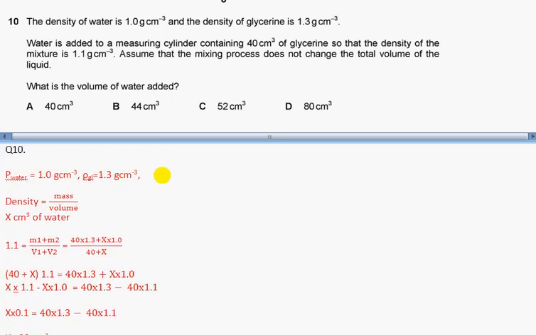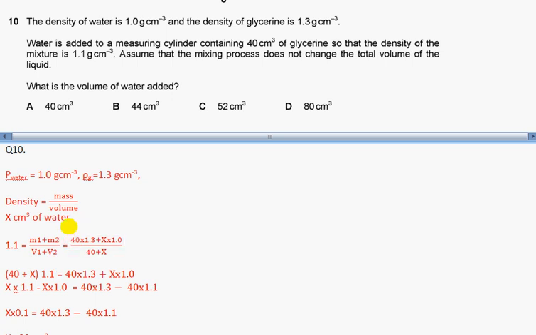Purely a mathematical question, but what you should demonstrate here is to understand the idea of density. Density of any object is mass divided by volume. If we add x cubic centimeters of water, then our density will be 1.1. Mass is mass 1 plus mass 2 and volume 1 plus volume 2.